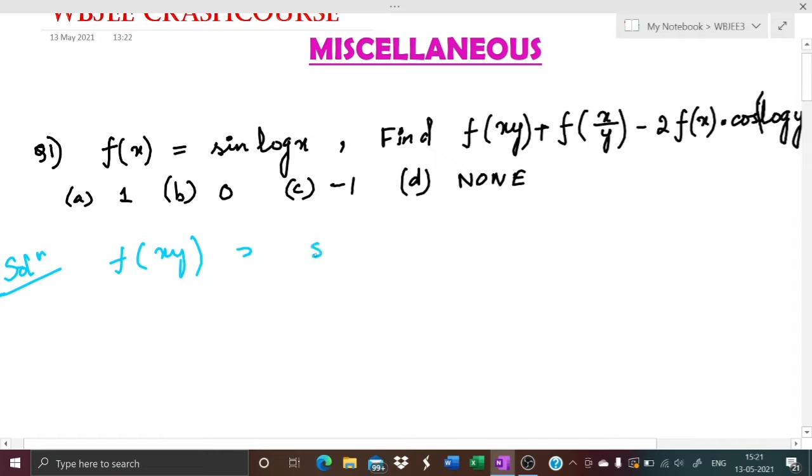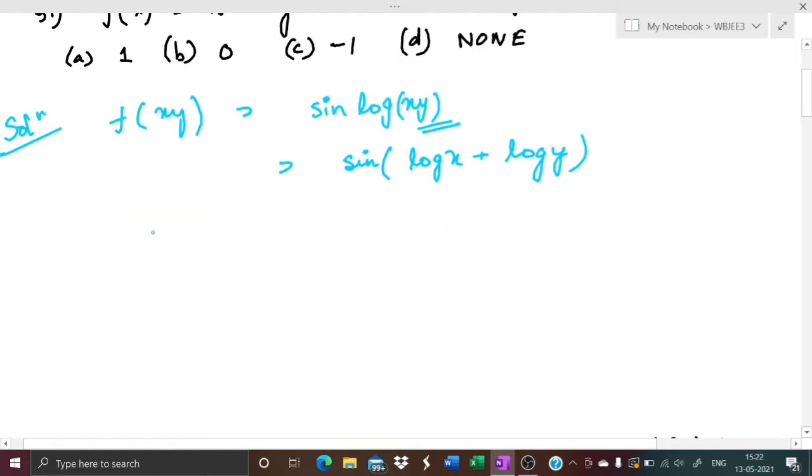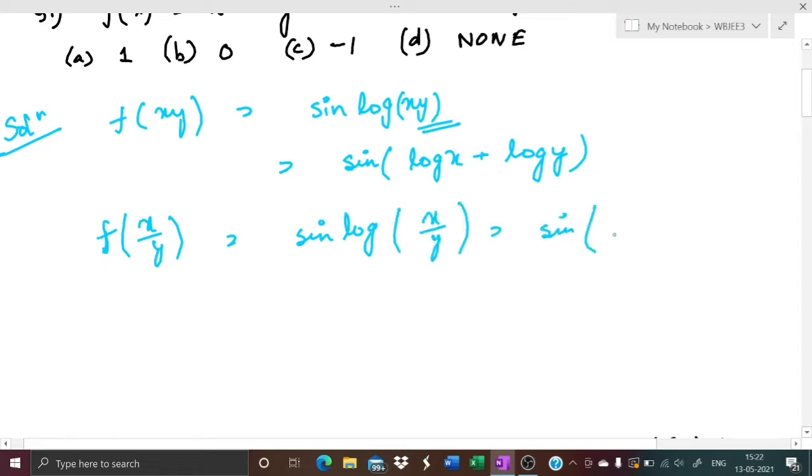Sine log x, and this is log AB, so this can be written as sine of log x plus log y, because log AB can be written as log A plus log B. Next, f of x by y would be written as sine of log x by y, and log A by B can be written as log A minus log B.